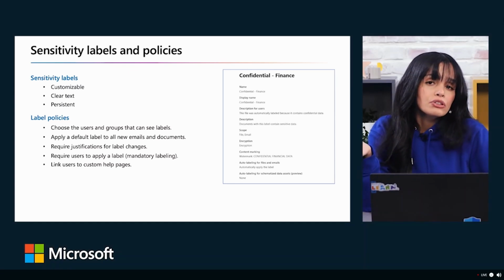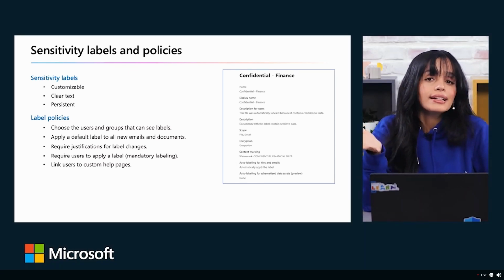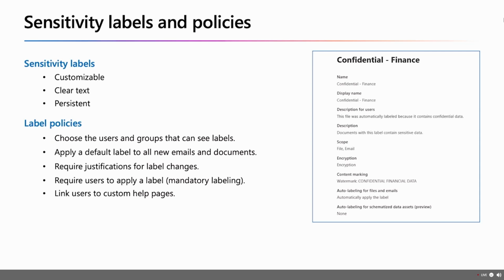After you have created your labels, you can then create label policies. Label policies create a structure around what can happen when a document is labeled a certain way. So let's take the example if you have a project or a team that is working on something that is highly confidential.